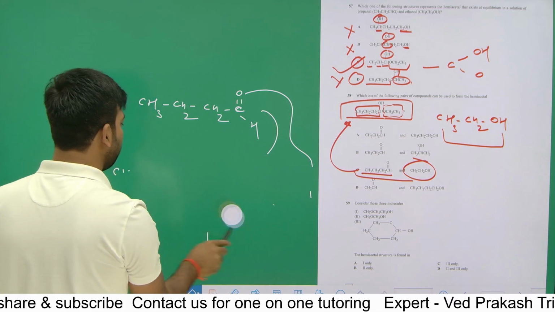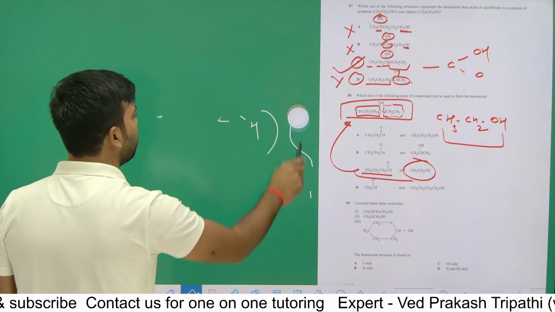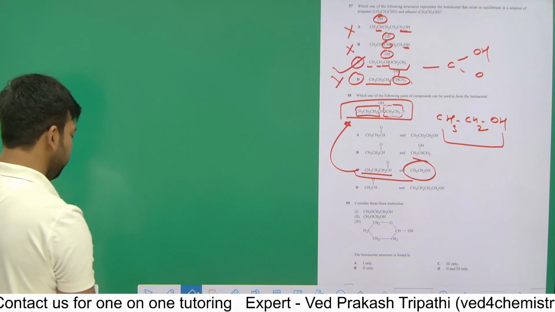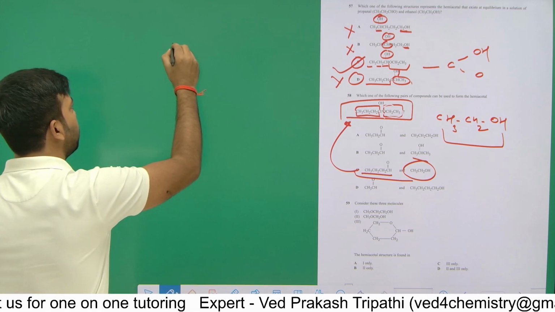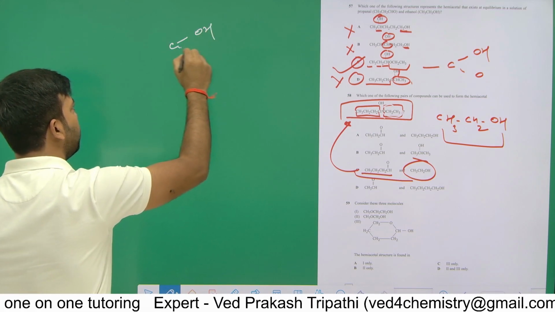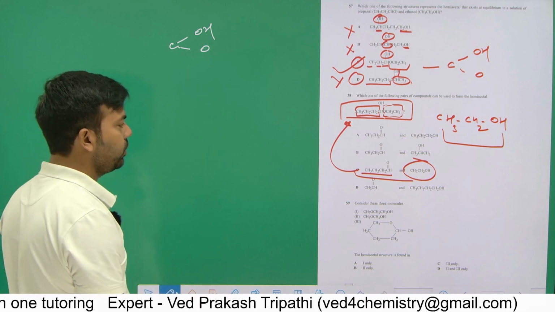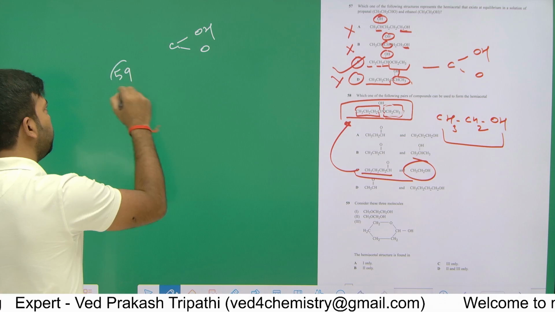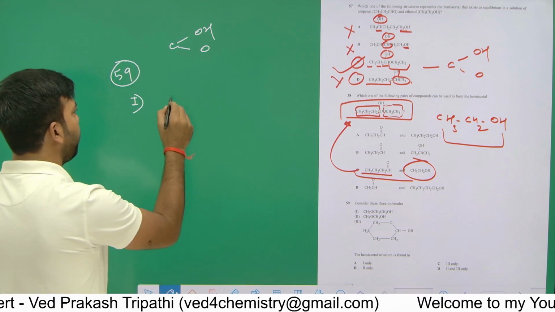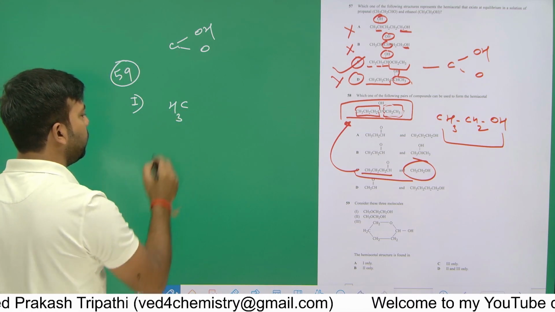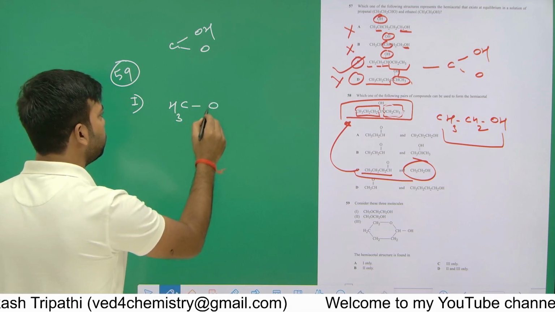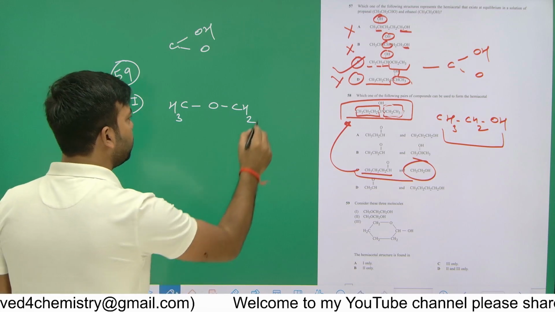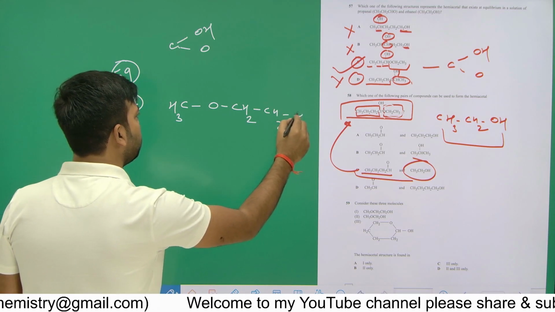We have a few structures and we have to figure out which one is a hemiacetal. So let's expand, but before that, a structure called a hemiacetal has 2 oxygen connectivity, and any one must have OH. If you expand the very first one in 59, CH3, and then oxygen and then CH2 and then again CH2 and again OH.